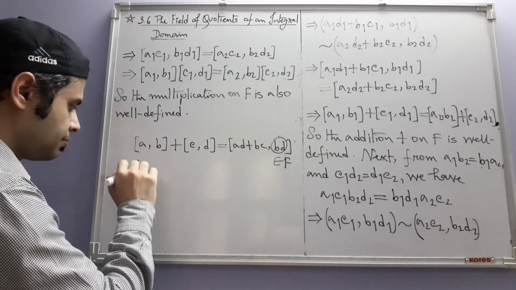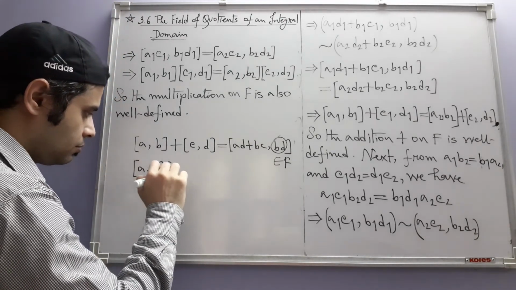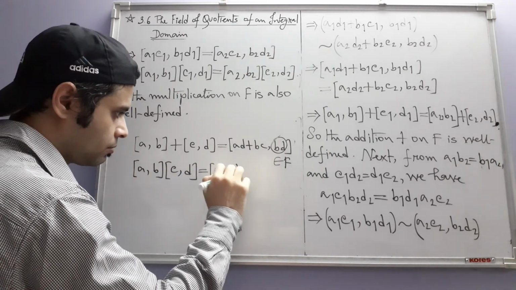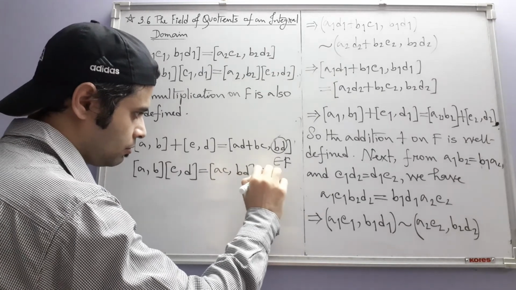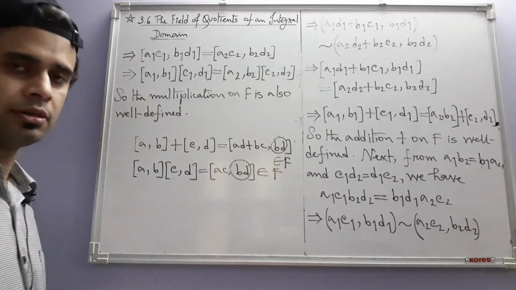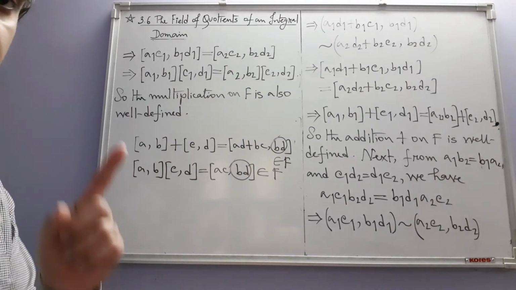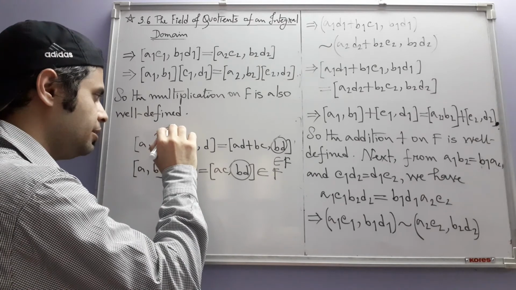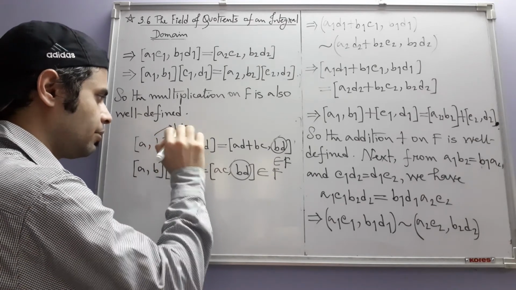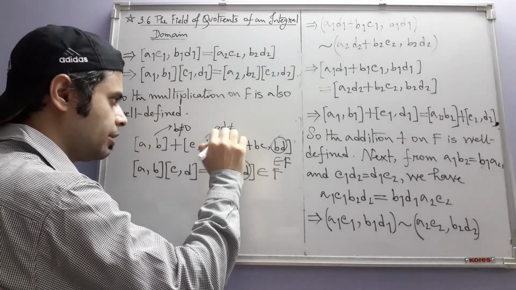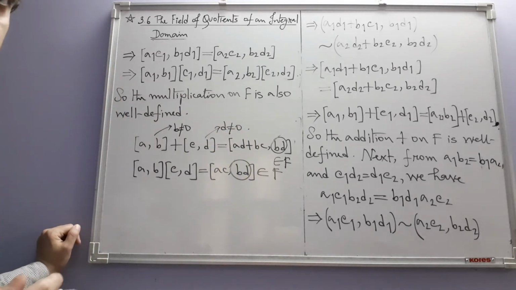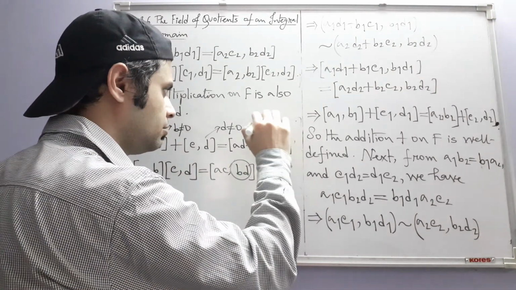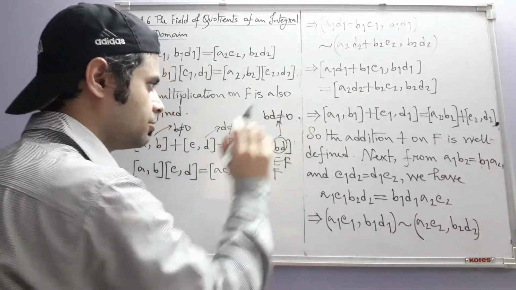Just like that, this again has to be non-zero. Luckily, since we are in an integral domain, and according to my definition, b is non-zero and d is non-zero, and in an integral domain the product of two non-zero elements is non-zero. That's why I have bd is also not equal to 0.